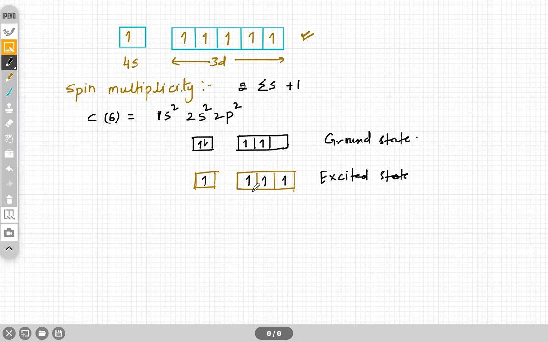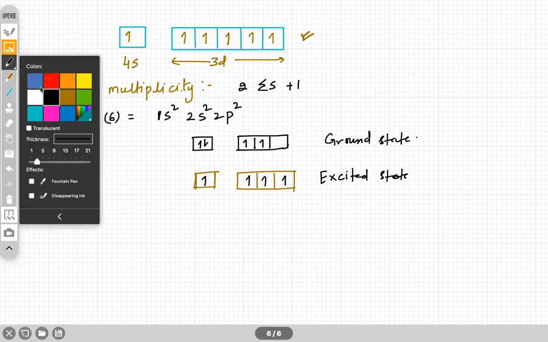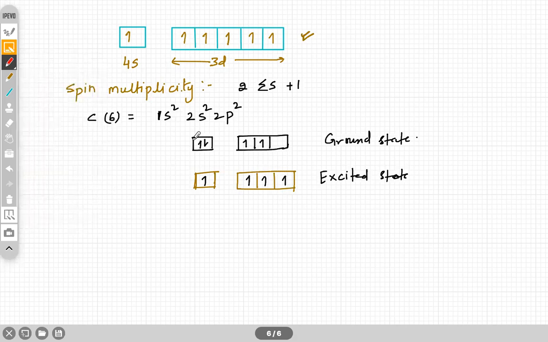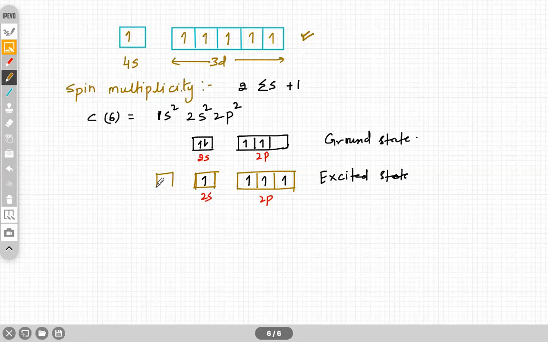Okay, so spin multiplicity is what you see here. This is 2s, this is 2p, and 1s we also have here, which has 2 electrons like this. So how do we calculate this?